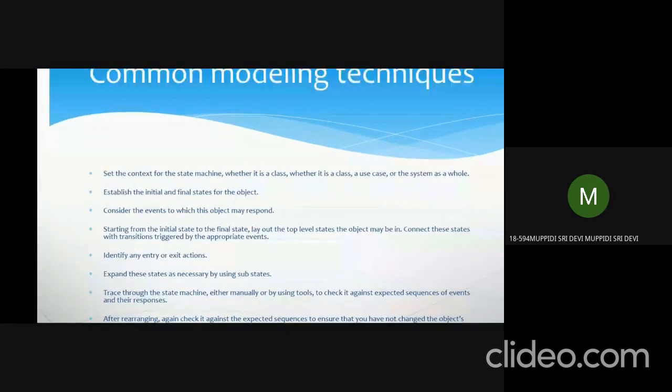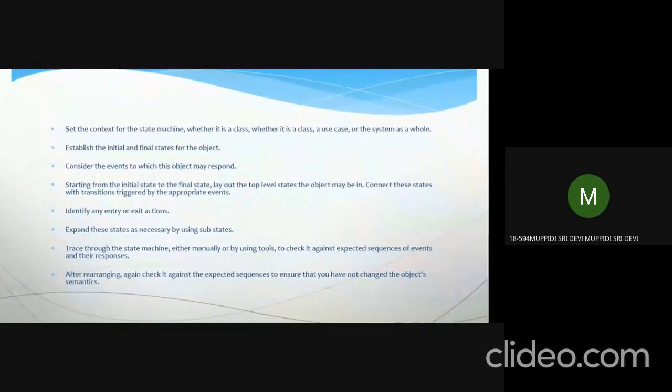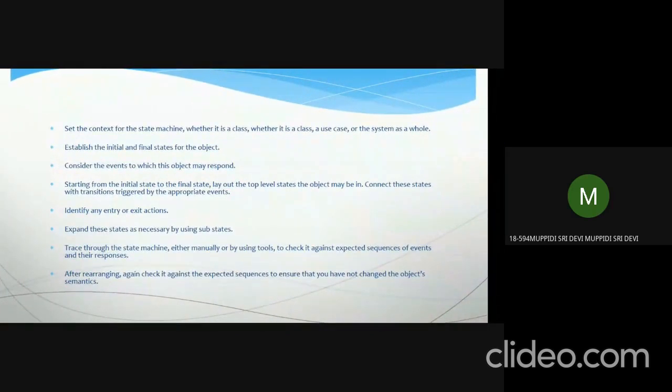Initially, we have to set the context for the state machine. Then we have to establish initial and final states. After that, we have to consider events between the states. From the starting initial state to the final state, we have to lay out the states.